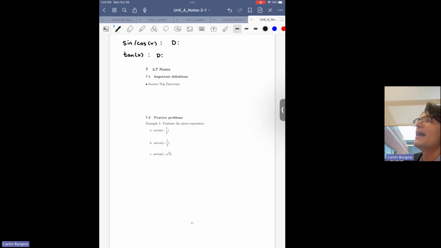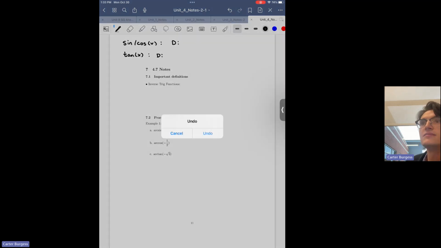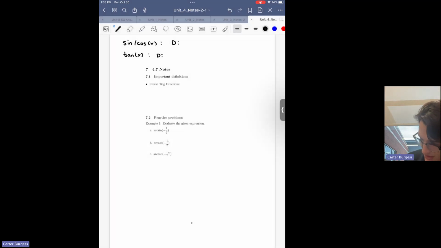What is the domain of our sine and cosine? Are there any restrictions on what we're allowed to plug in for our trig functions here? No. So we say that this would be negative infinity to infinity for sine and cosine. But I want to do more than just state that we can plug in any number.